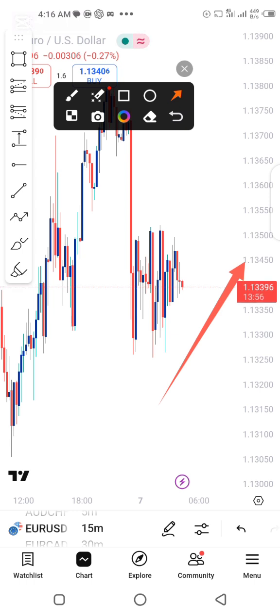Euro USD has what we call 1.1 thousand. That's what it is. That's what they use as an example, right?